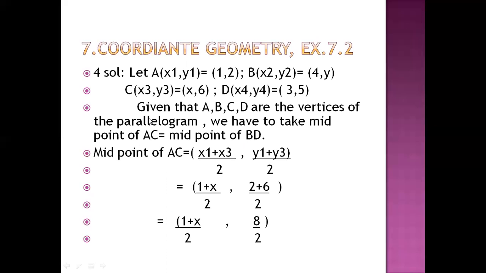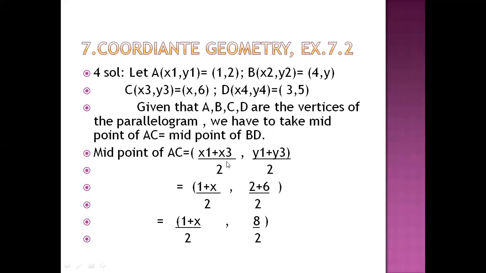So let us do that. Let us assume the first point A (x1, y1) is (1, 2), (x2, y2) is (4, y), (x3, y3) is (x, 6), and (x4, y4) is (3, 5). Given A, B, C, D are the vertices of a parallelogram, we will take the midpoint of AC equal to the midpoint of BD. So let us find the midpoint of AC.